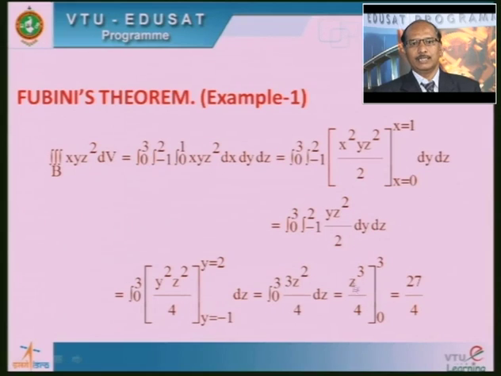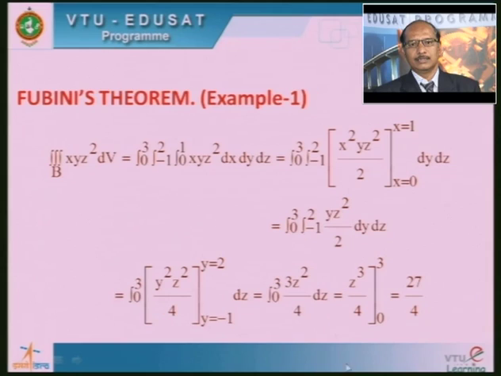Now, integrate with respect to z. So, 3 z square by 4 integrates to 3 into z cube upon 3. The 3 cancels, remaining z cube upon 4. Now, putting z equal to 0 and z equal to 3, it is 3 raised to 3 is 27, so 27 by 4. This is the value of the triple integral with the given limits.